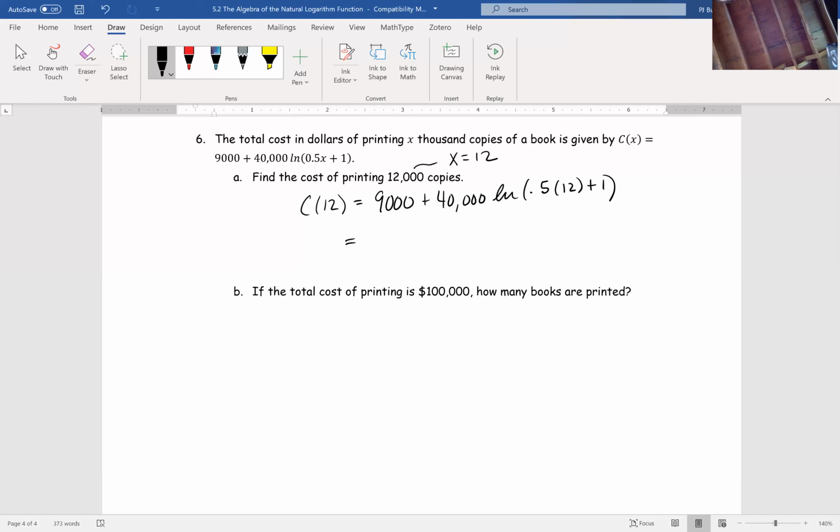So this is really just 7 in there. So the cost is $86,836, and we'll say 41 cents.